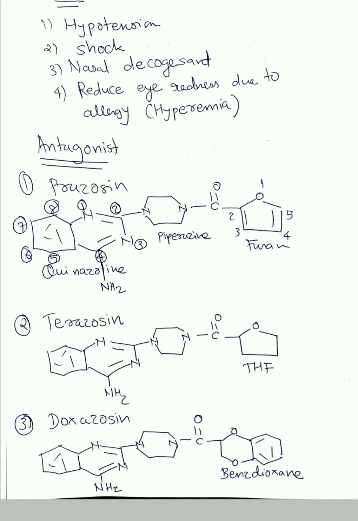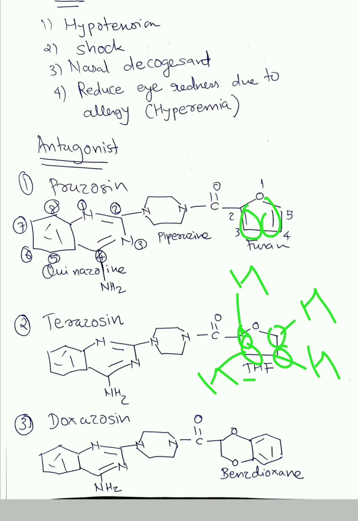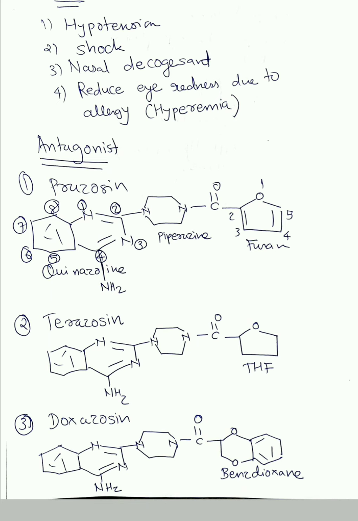Because as we remove these bonds, we have to add extra hydrogens to balance the valency of the carbon. The valency of carbon is 4, and because we removed these bonds, we have to add hydrogens. How many hydrogens have we added? 4. So the name is tetrahydrofuran. In layman's language, you can just remove these bonds and you will get tetrahydrofuran.